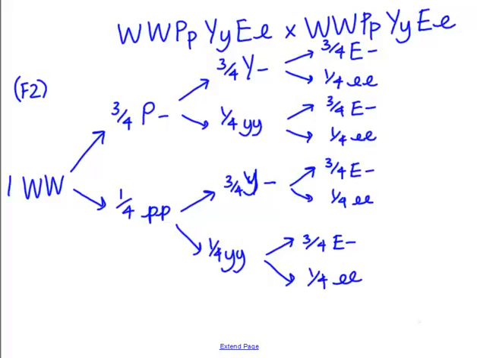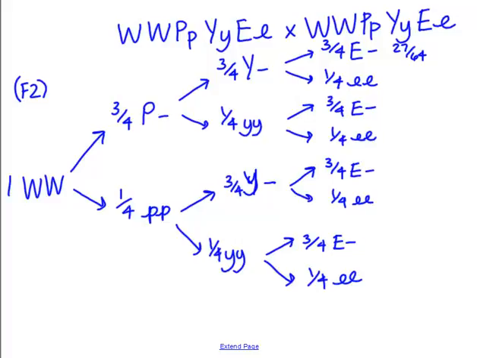Okay, now to complete the line method, what you do is multiply across, right? So we're going to do 1 times 3/4 times 3/4 times 3/4. So that is 27 out of 64. And I'm just going to write the phenotype here, where it's going to be big W, big P, big Y, big E. Now remember, that's because if you have at least one dominant allele, phenotypically you're going to make that enzyme.